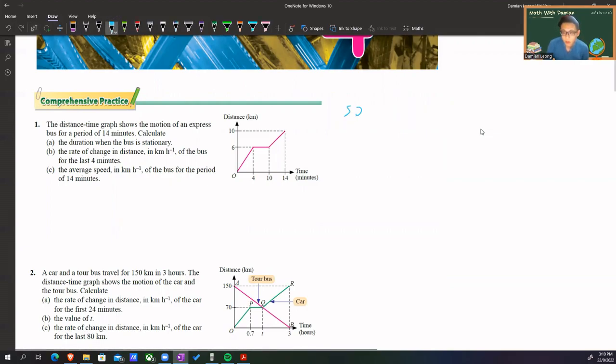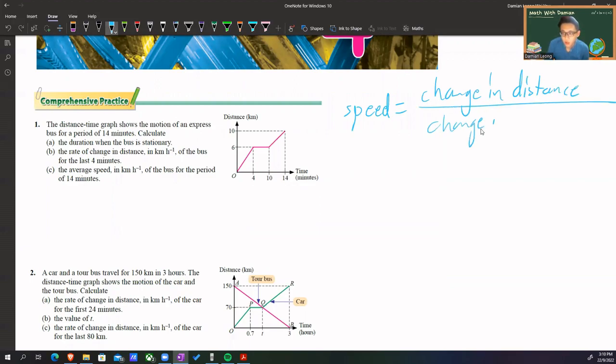You always need to know speed is change in distance over the change in time. And one more thing they can ask for is your average speed, which is total distance over total time.